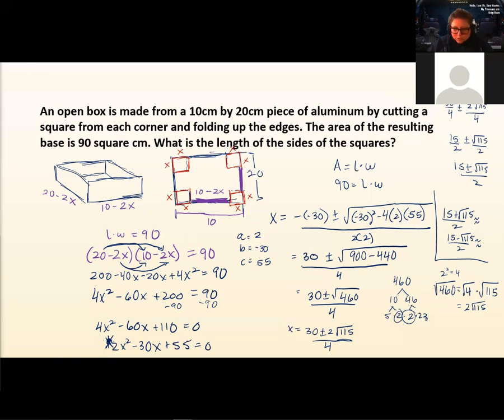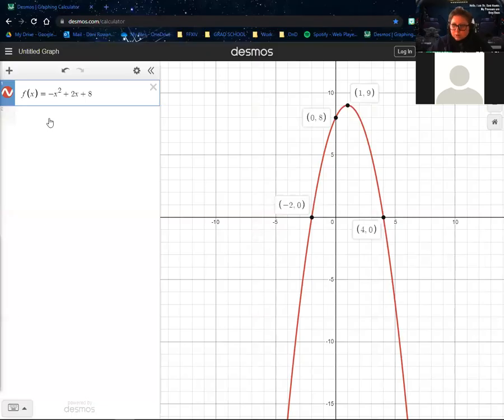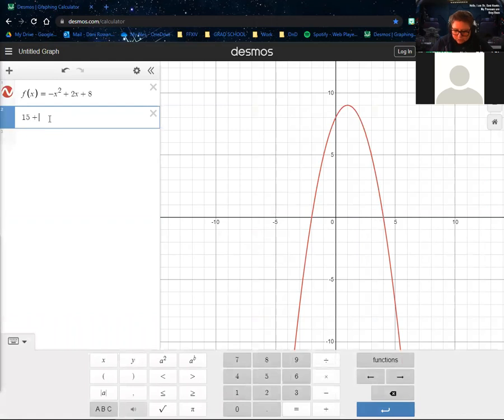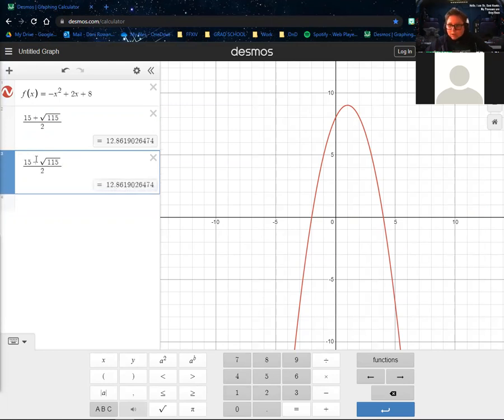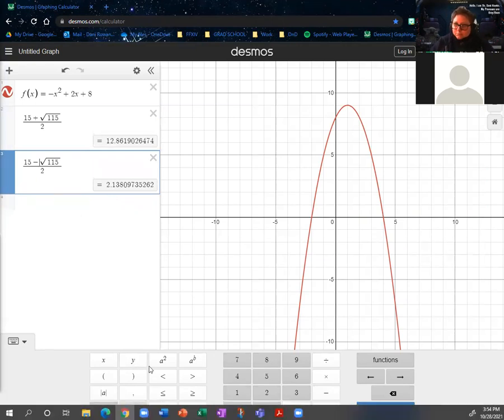If you're not sure, just plug it into your calculator. Here we have 15 plus the square root of 115, and this whole thing is divided by 2. So you have 12.8. And if we do it again, but with the minus, we have 2.1, roughly rounded.